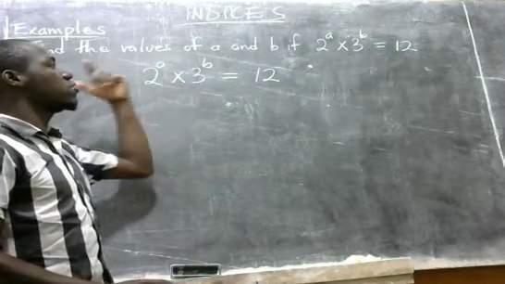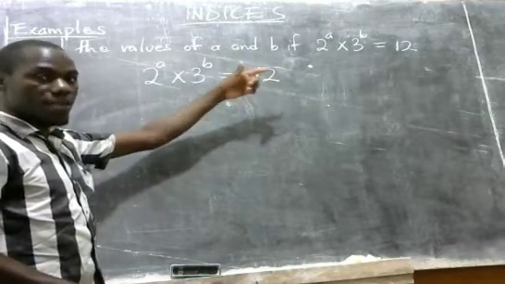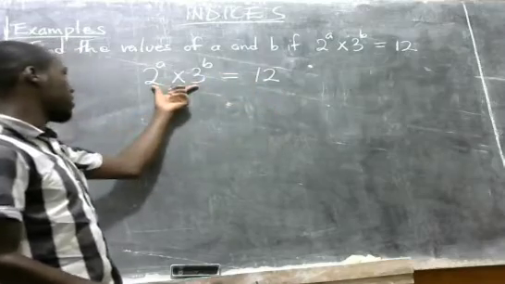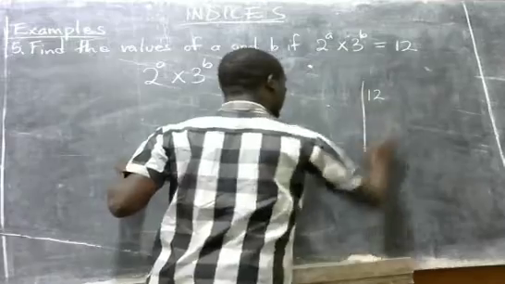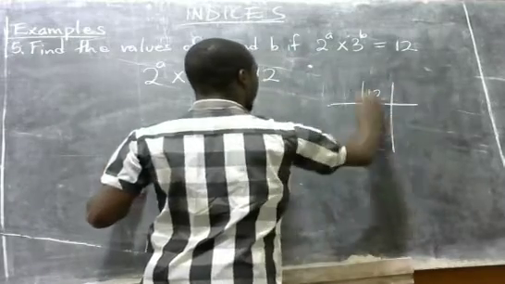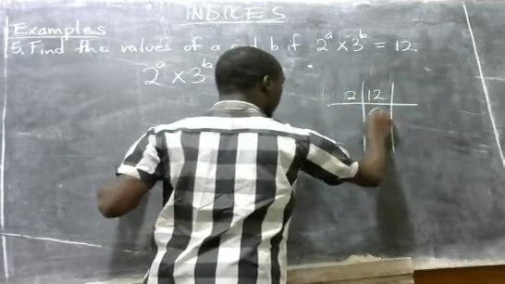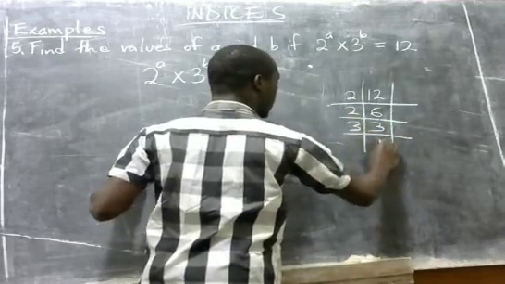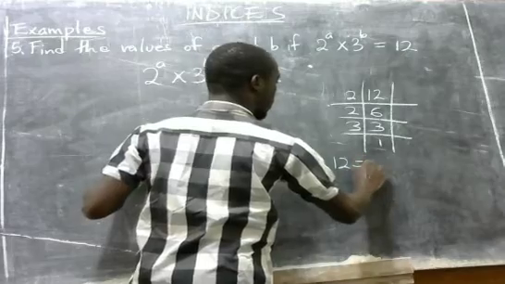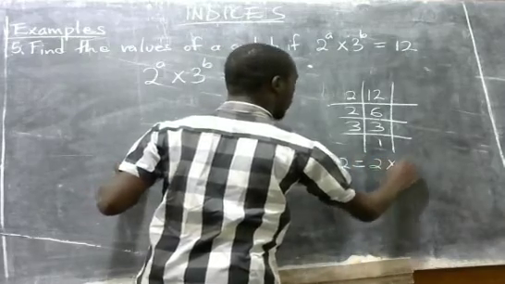So I'm going to make sure that even on the right hand side, I'm having the same bases like this side. So when I prime decompose 12, the smallest prime number here is 2. That is a 6. Again 2. That is a 3. Then 3. That is a 1.